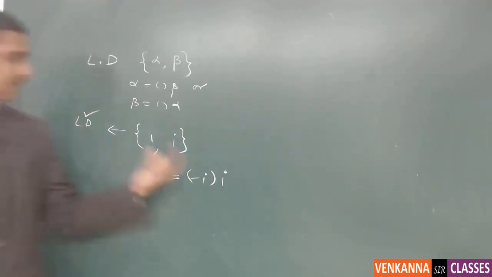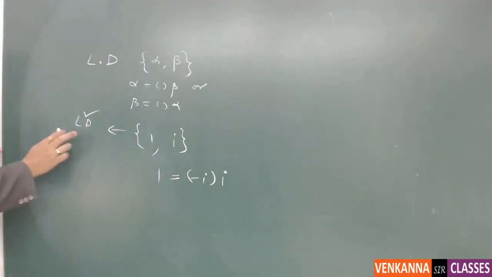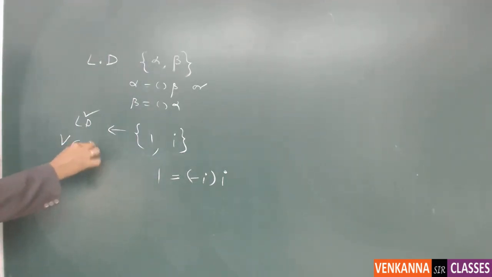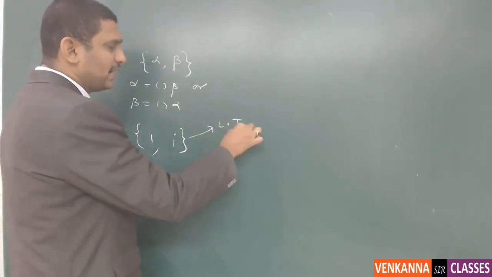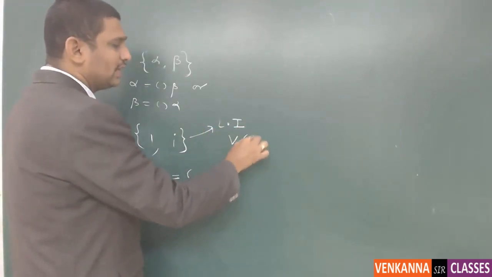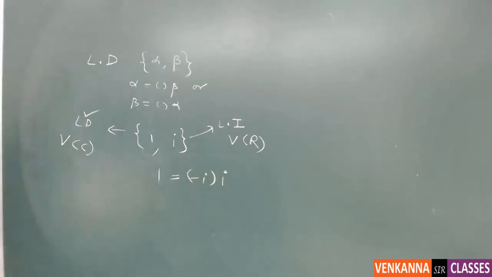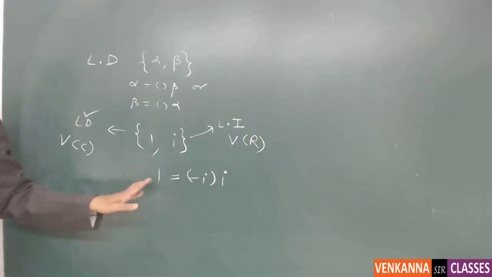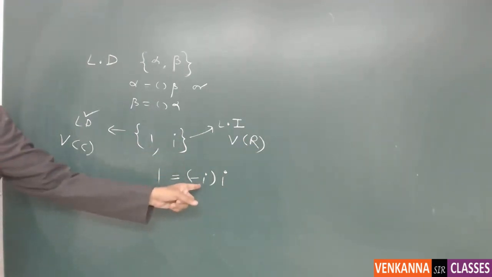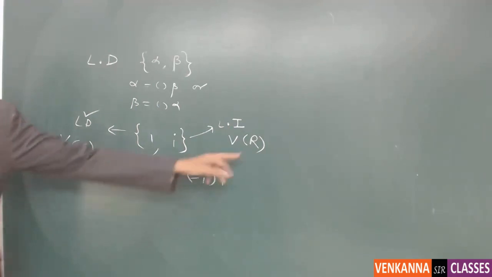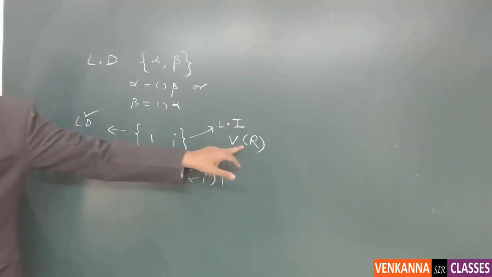So the given set is linearly dependent over the complex field, and this set is linearly independent over the real field, because it is possible to represent one vector as a multiple of the other, but the scalar which is available does not belong to the real number field.